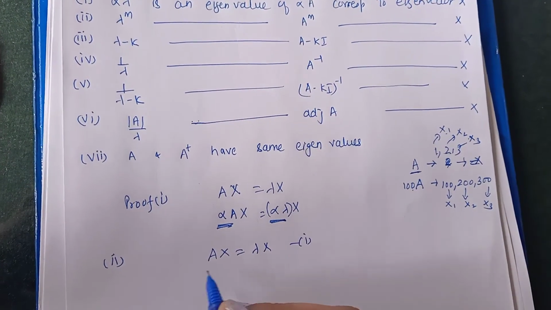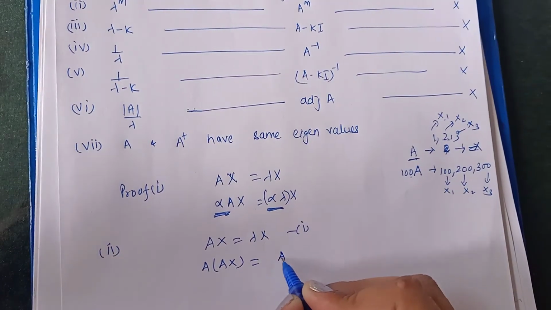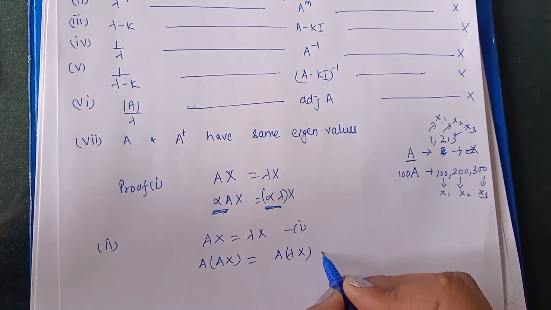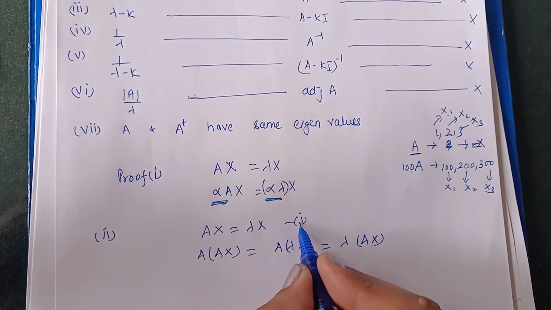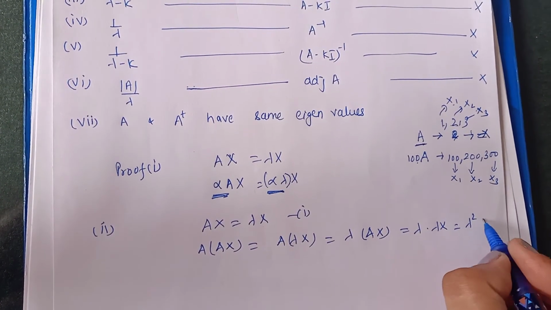Now I am pre-multiplying both sides with A, so this will be A into Ax is equal to A lambda x. Now this lambda is a scalar, it can go out, so I can write it as lambda Ax. Now put the value of Ax from equation number 1. This will be lambda into lambda x, so this is lambda square x.